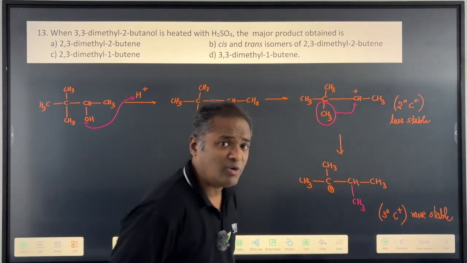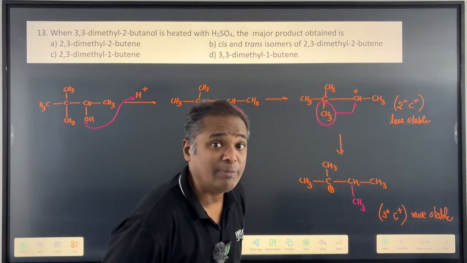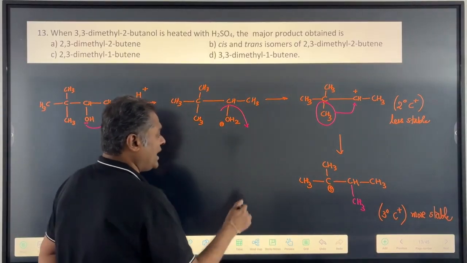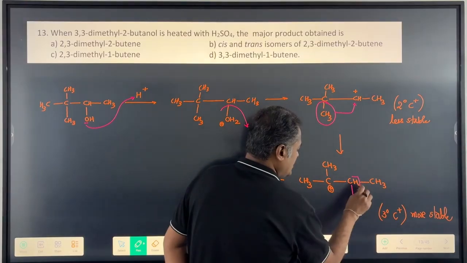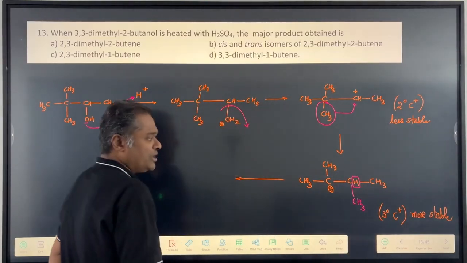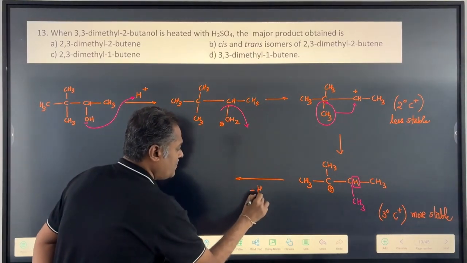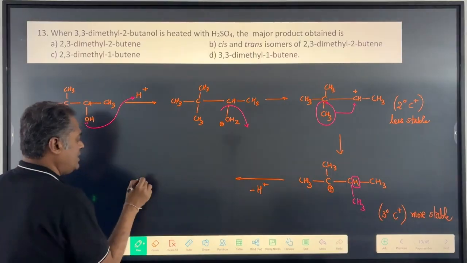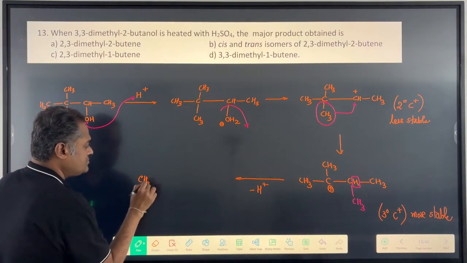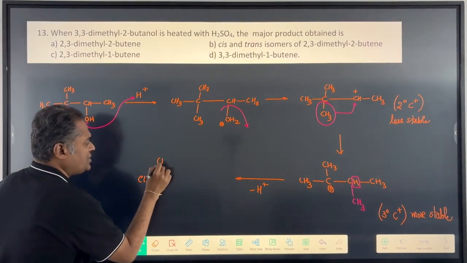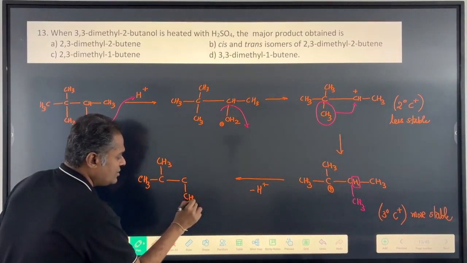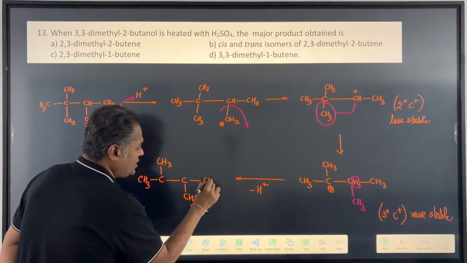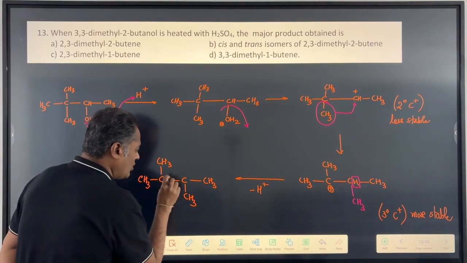Now finally, what is the last step of this mechanism, child? Deprotonation. For that deprotonation, from this position you can see your H will get eliminated, and what would be the product formed, child? CH3, CH3, here you have CH3, here you have CH3, so one pi bond is formed over here.